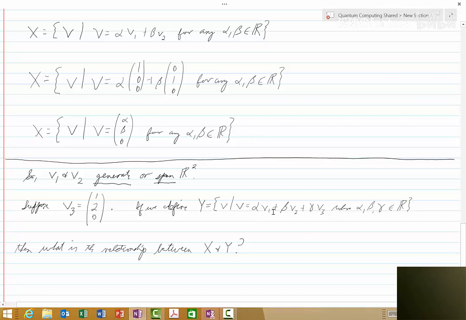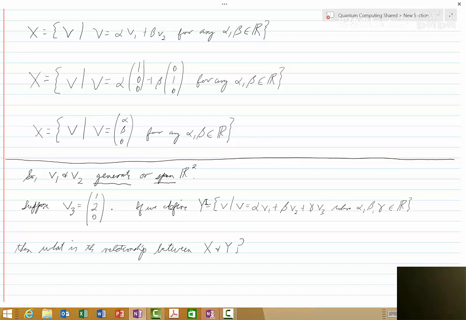Well, certainly any vector that is in X is also in Y. Since X is the set of all linear combinations of V1 and V2, maybe we'll have 5V1 plus 3V2. Clearly 5V1 plus 3V2 is also in Y, because we could pick alpha equal to 5, beta equal to 3, and gamma equal to 0. So any vector that's in X will be in Y, which makes you think that possibly Y is bigger than X.